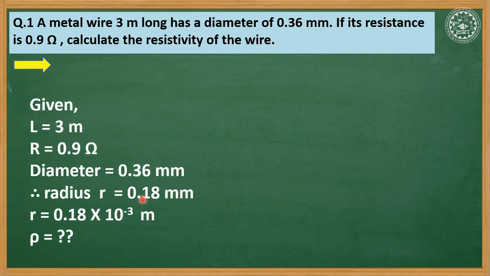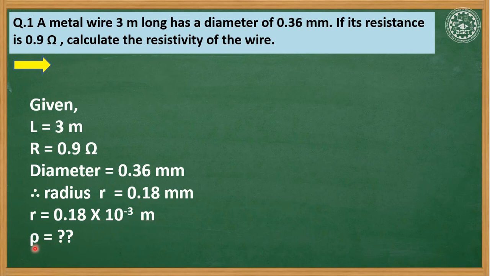In SI system we have to write the quantity in particular units. So we converted the mm into meter. 1 mm is equal to 10 raised to minus 3 meter. That's why 0.18 mm means 0.18 into 10 raised to minus 3 meter.